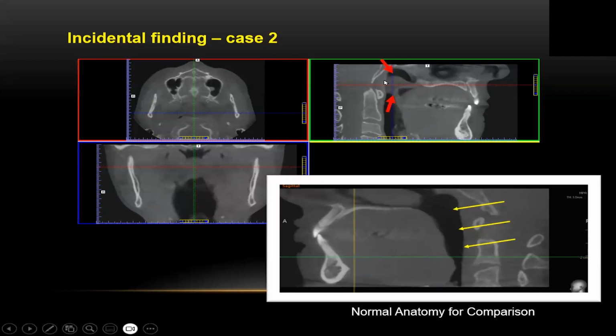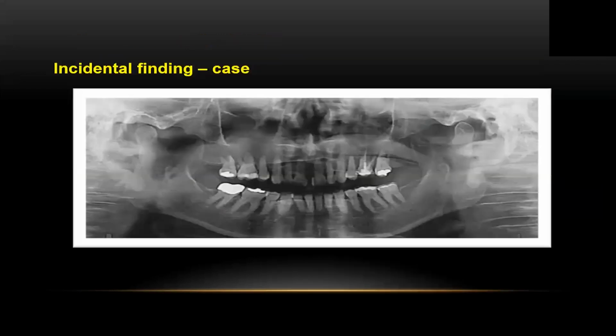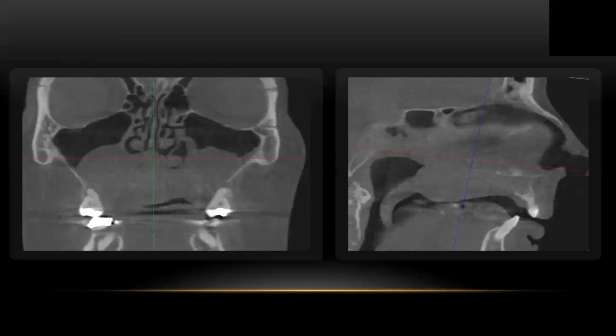Something like this, if you notice it, should be referred to an ENT or primary care physician. Another example, not directly related to airway, but again, maxillary sinus pathology. A scan was done, and here we can see a soft tissue mass which is filling up the left maxillary sinus, in addition to normal anatomical structures.